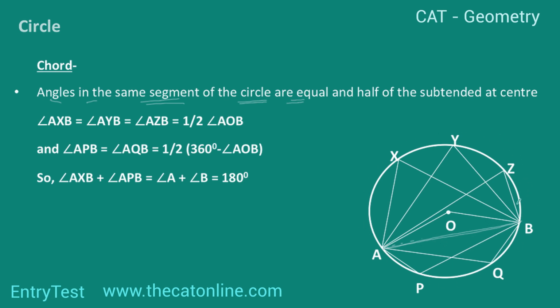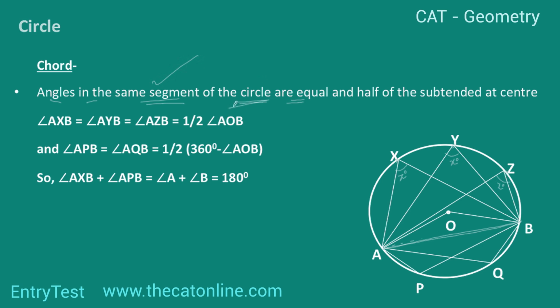So in the major segment, if I join AB with randomly any points on the circumference of the circle, AB is making angle AXB, AB is making angle AYB, AB is making angle AZB. All the angles which it makes on the circumference of the circle, they all are equal. So if this is X, this will also be X, this will also be X.